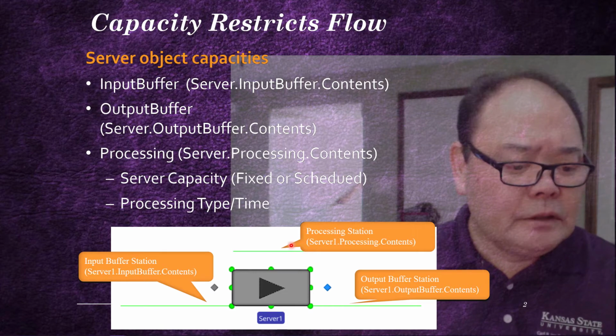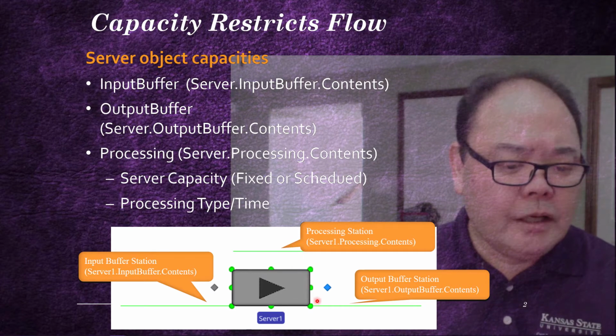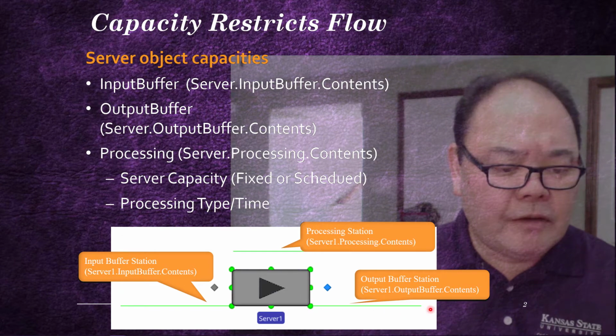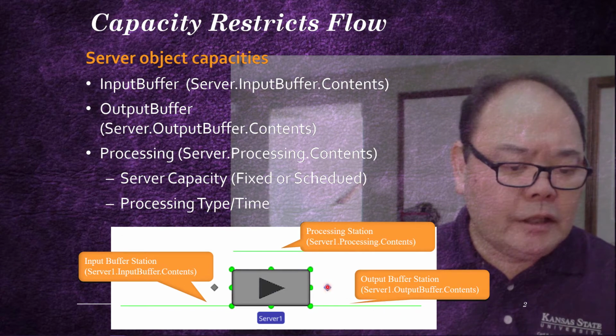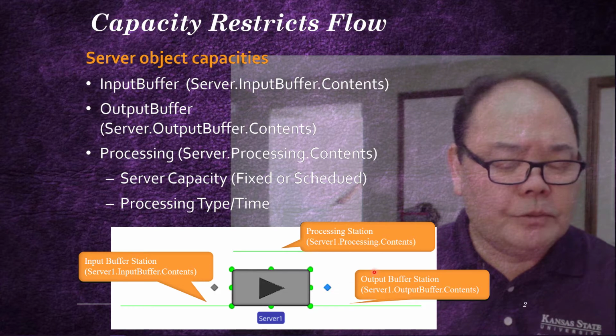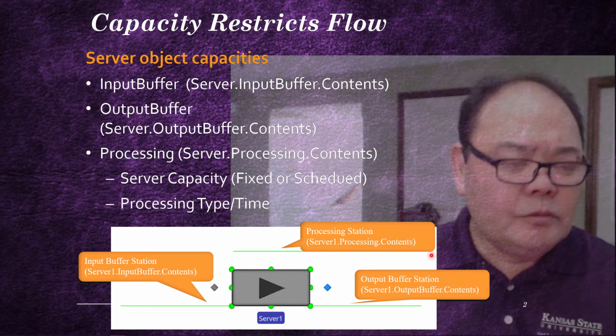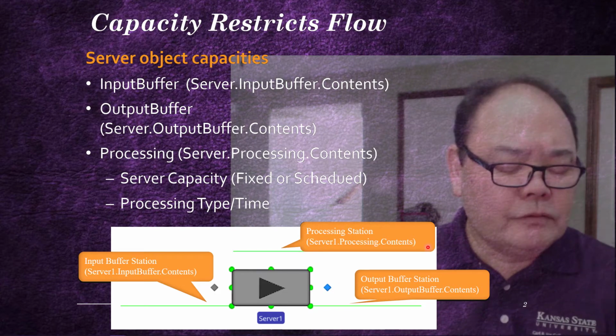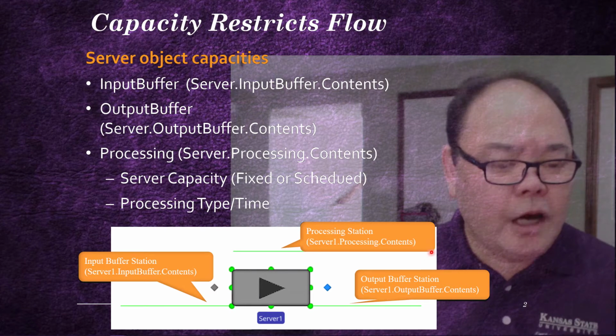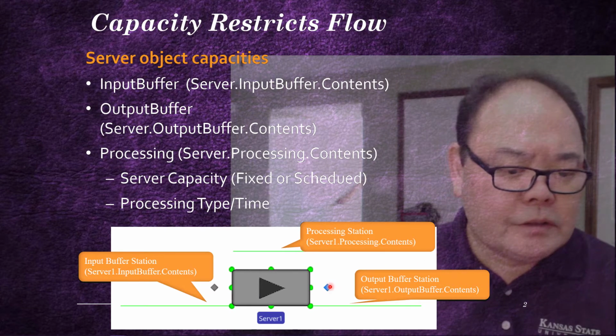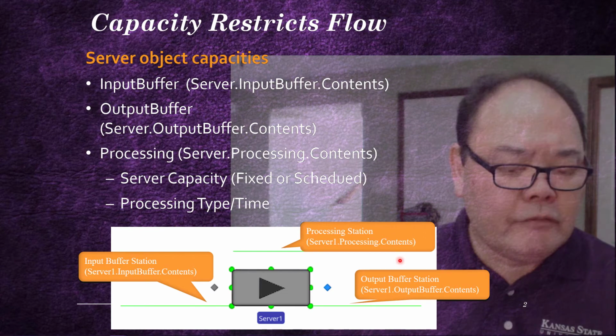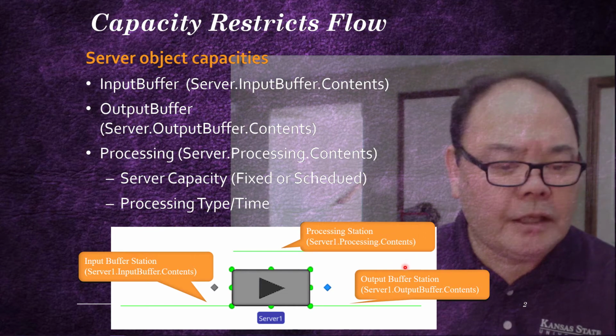Whatever entity shows up here represents the entity currently in process. Then after the entity finishes its processing, it joins the output buffer and waits in the output queue to be transferred out. For most of our current models so far, we don't have waiting for the output, since the output link is readily available and we just transfer out immediately.